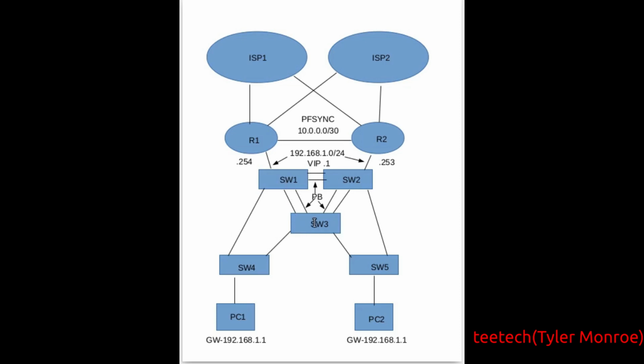The reason we have the bundle is, if this is on floor 1 and this is on floor 2, because it's just a logical layout, if one of the links on the outside from switch 5 to switch 2 failed, it would have to go to switch 3.